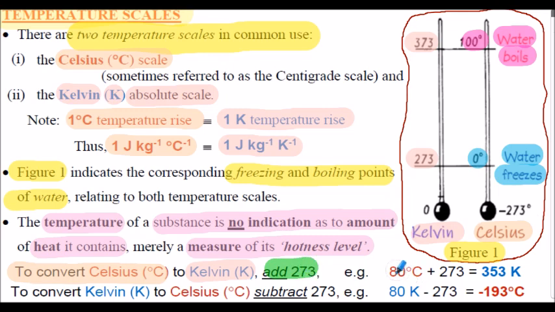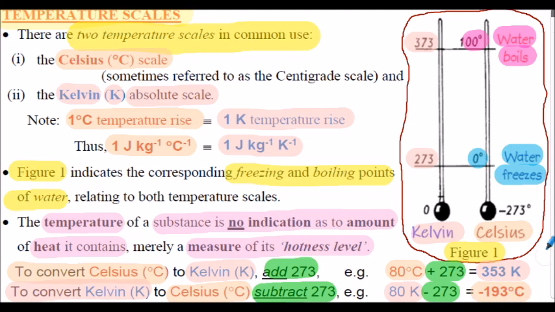So 80 degrees C converted to Kelvin, we add 273 to determine the Kelvin value. And if we want to convert Kelvin K into Celsius degrees C, we now subtract 273 from the Kelvin value. So 80 K minus 273 produces a value in degrees C.